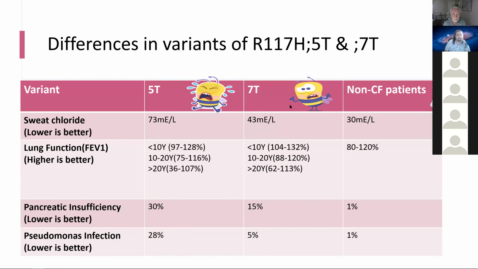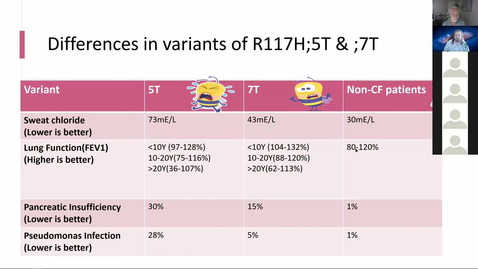So now, as you can see here, we've got our 5T and 7T mutations back. In general, 5T is much worse than the 7T mutation, but either way, you don't want either one. As you can see, the sweat chloride is almost twice as bad in 5T than 7T, but in all cases, after about age 20, lung function drops off a cliff.